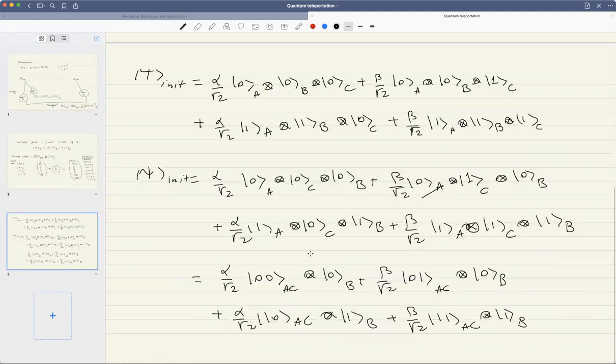So still in this form, even though it may not be very transparent because we put A and C together somehow, this is still a tensor product of some state alpha beta for qubit C with the first Bell state for qubits A and B. Just wrote it in a more convenient way. All right.